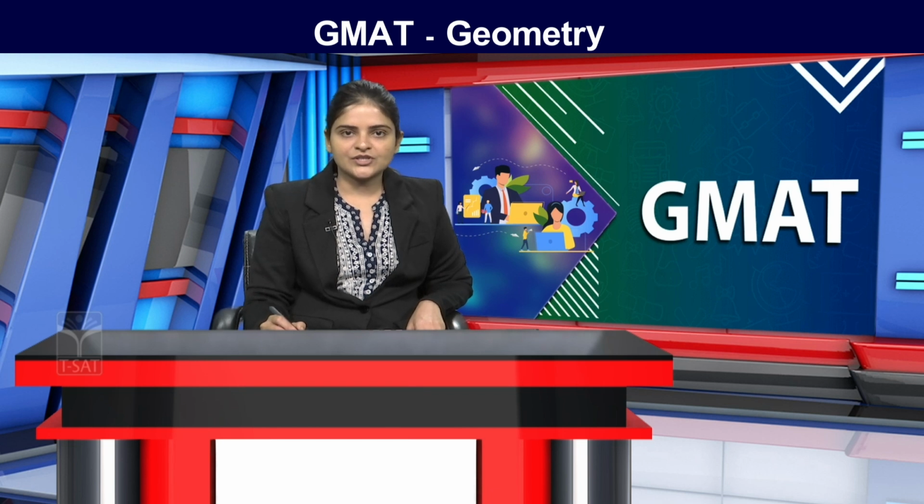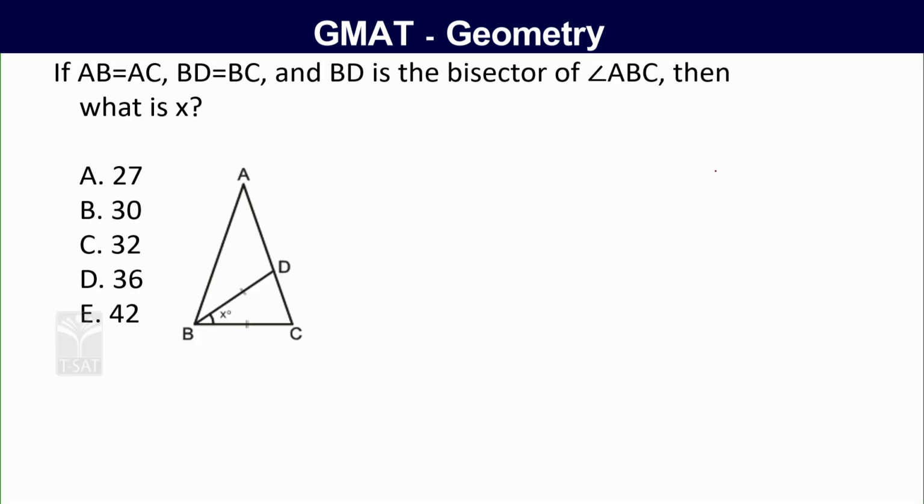Let's look at the next question. If AB is equal to AC, BD is equal to BC and BD is the bisector of angle ABC, then what is X? Okay, here they are saying that BC is equal to BD and AB is equal to AC, that is this is equal to this. Then what is X?